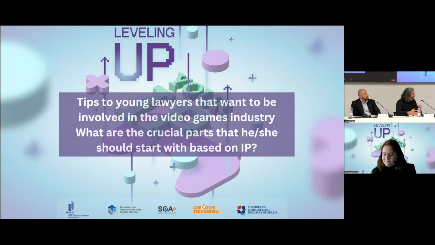It's really difficult to read it if you don't experience it. And you have to understand the basics of data protection, content regulation, labor law. So it's much more beyond IP.